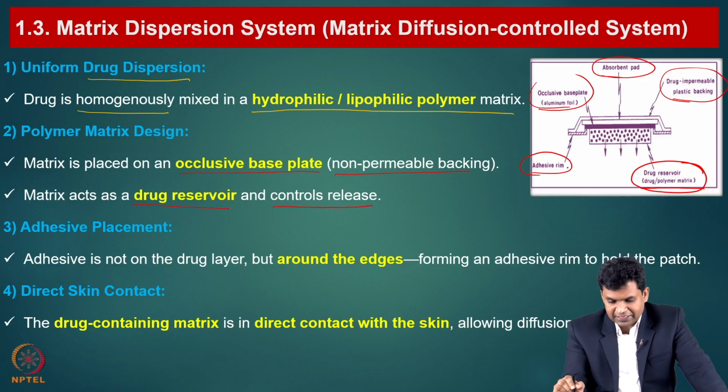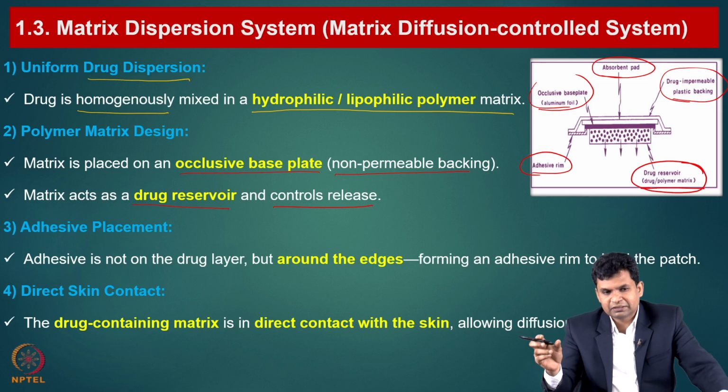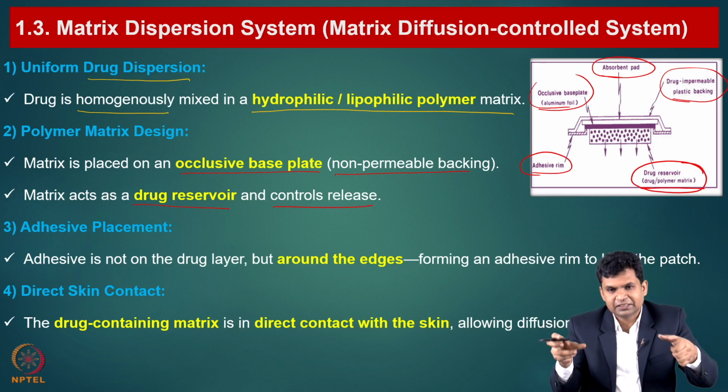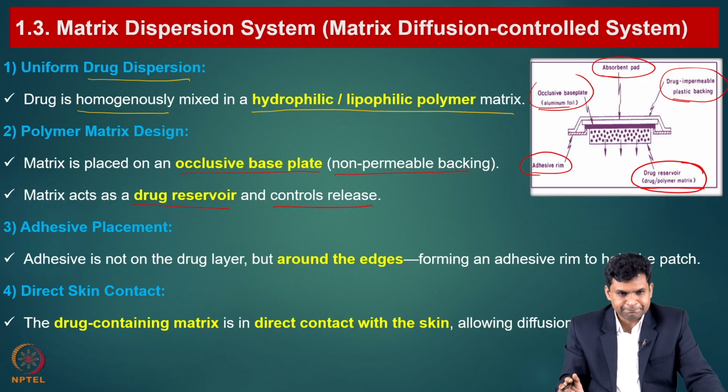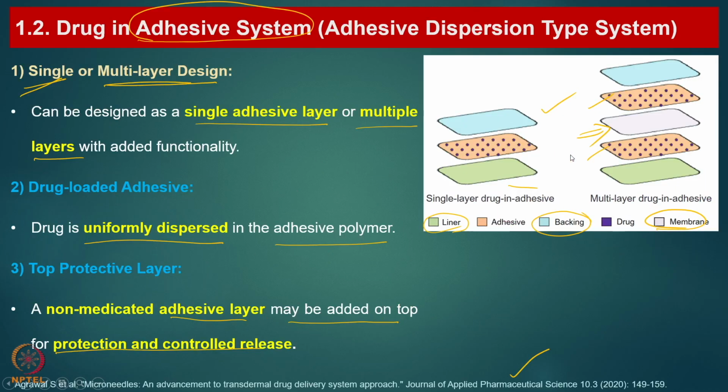Now this adhesive rim will help to adhere our patch, and we can also put it in direct contact with the skin. So the adhesive is not on the drug layer, but around the edges, forming an adhesive rim to hold the patch. Whereas in the previous cases, there is always an adhesive layer on the outside.